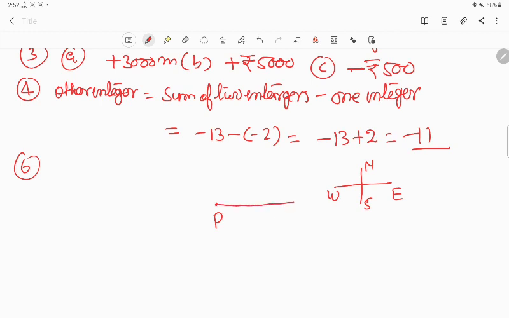So she goes 30 km to the east, from point P to Q, and then from Q she moves 50 km toward the west.